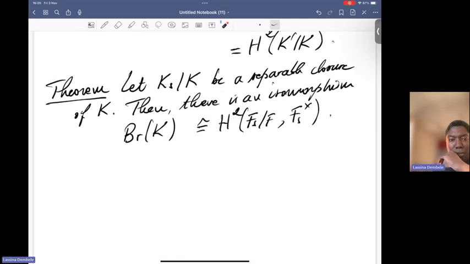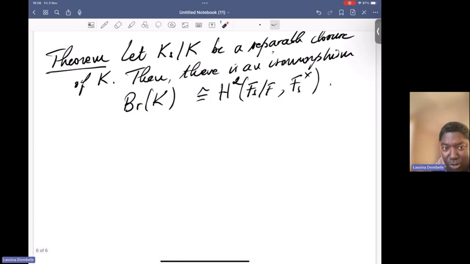The theorem that we are going to use is the description of the Brauer group in the case of a local non-Archimedean field, and this is going to be very useful for us.